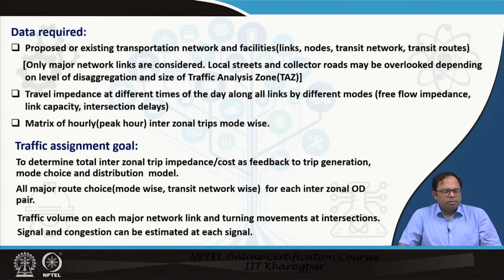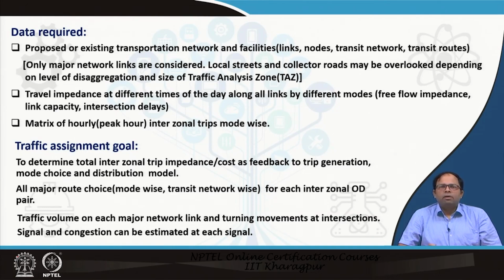Once we know the total zonal trip impedance, the next thing is all major route choices, mode wise, transit network wise, for each interzonal OD pair, which also has to be understood. That means for each origin I to destination J, there could be some route choices, that is, there are certain ways people go, and this could also vary mode wise.